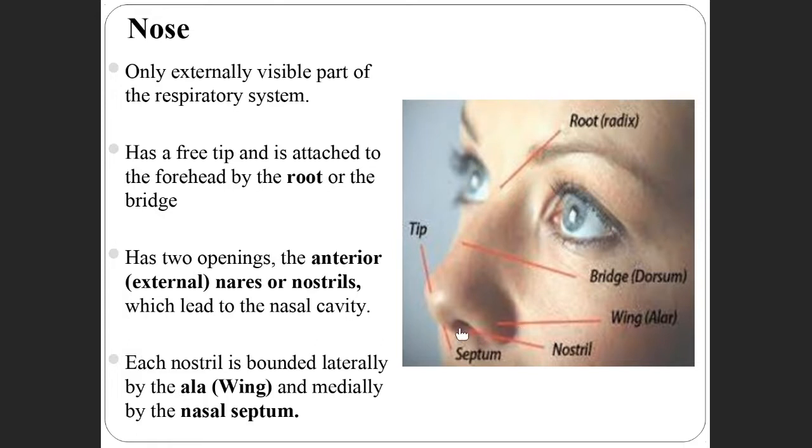Above the nostrils we have the wings, or alar cartilage, that's why it is called ala. Each nostril, meaning each opening of the nose, is separated by a structure called the nasal septum.